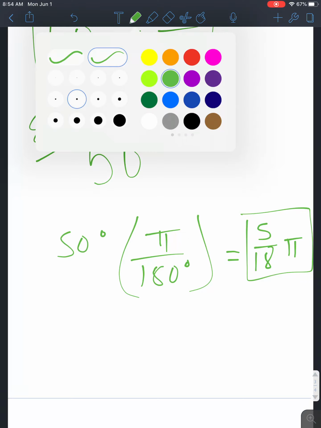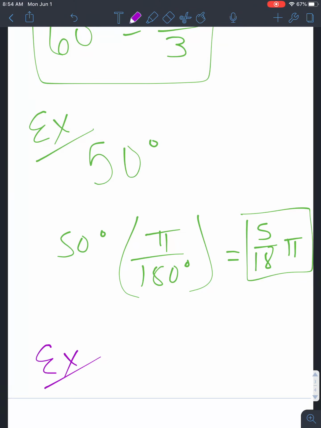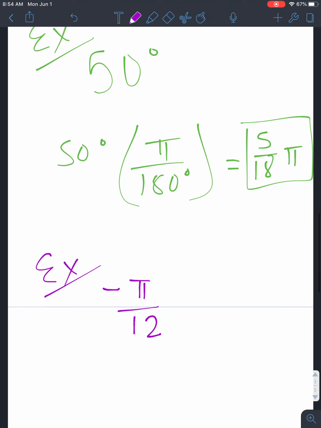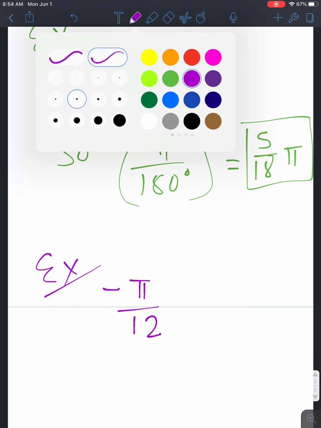Let's go ahead and try one more. For this one, I want you to try and convert negative pi over 12. That's in radians, so try and convert that to degrees.